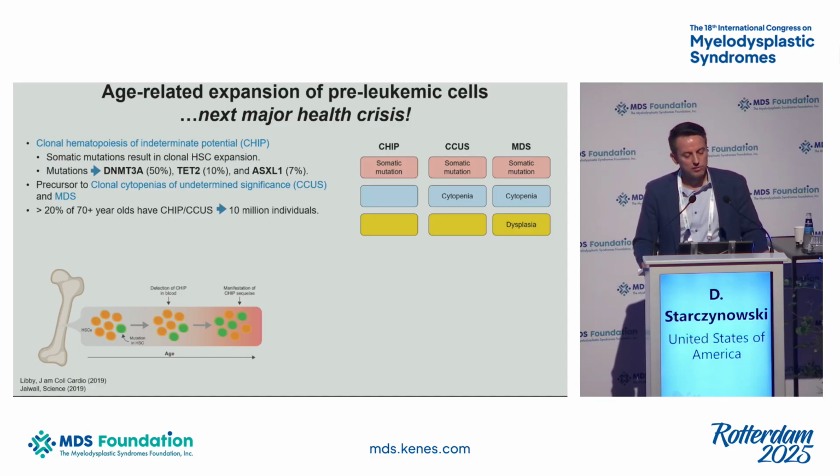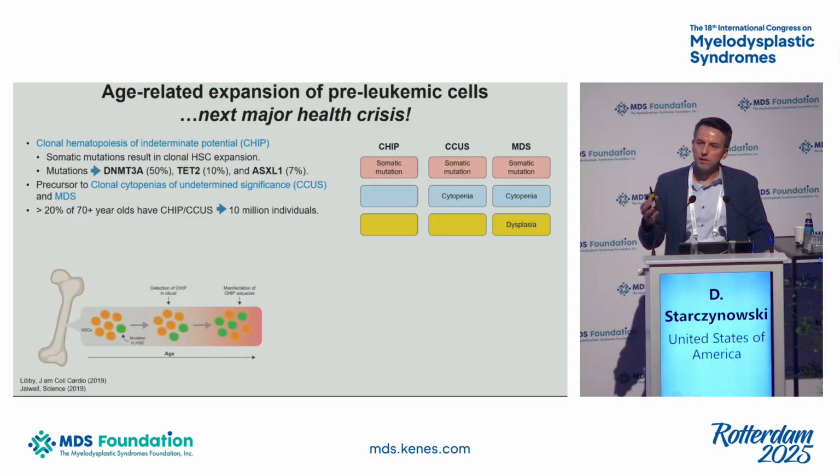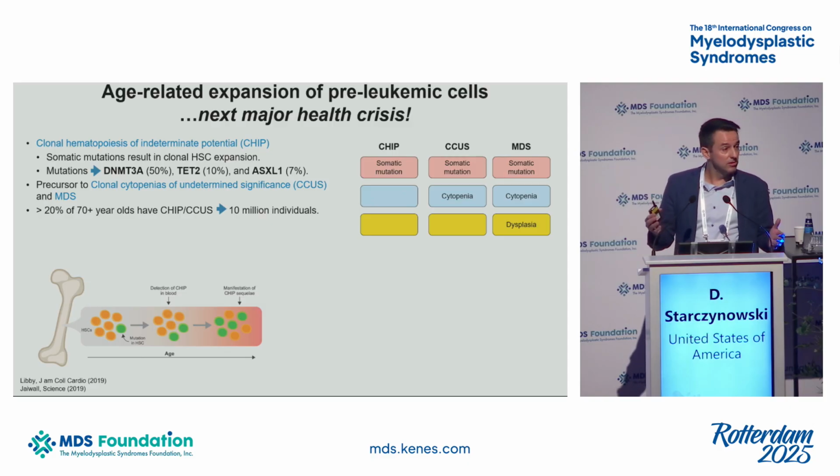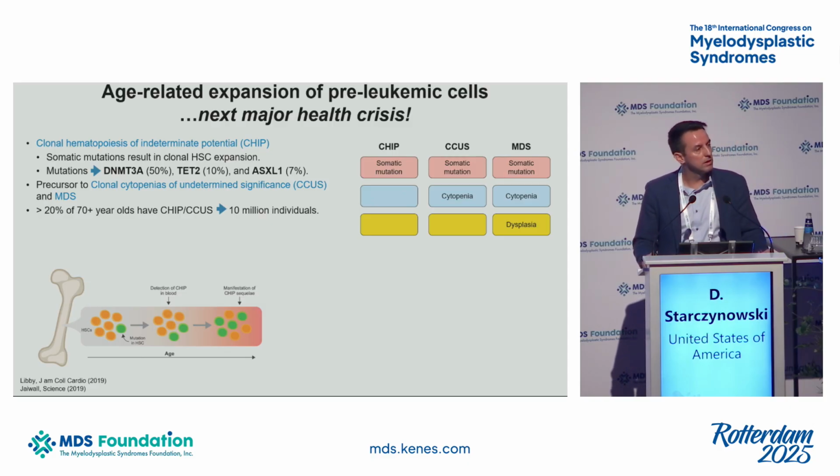Clonal hematopoiesis is a precursor to clonal cytopenias of undetermined significance, or CCUS, as well as MDS. At least in the United States, conservatively greater than 20% of 70-plus-year-olds have CHIP or CCUS. That represents, just in the United States, over 10 million individuals.